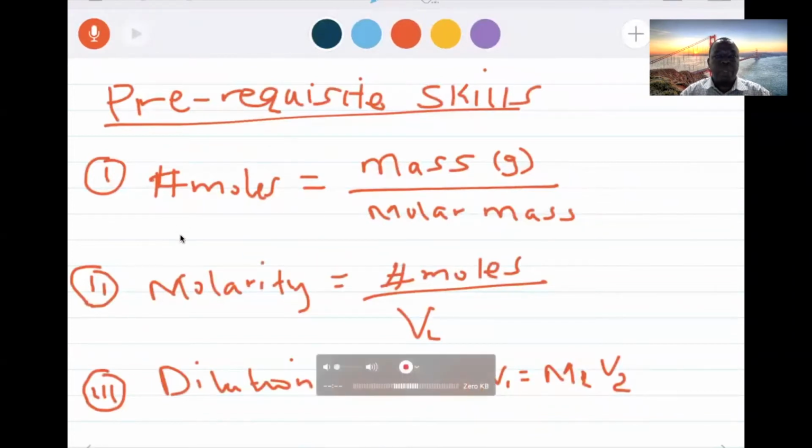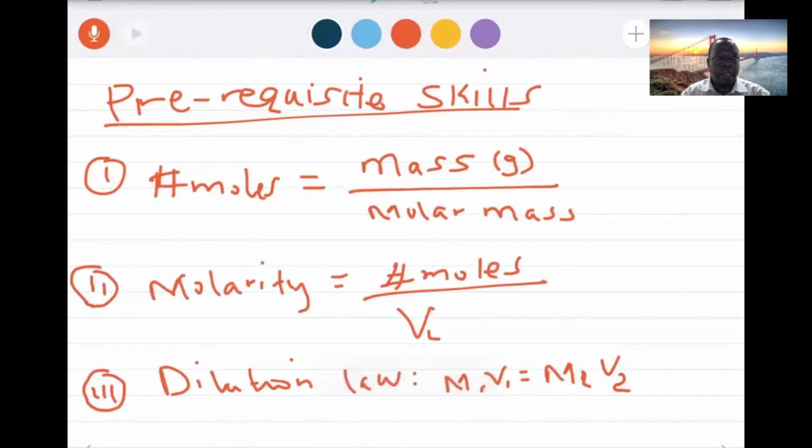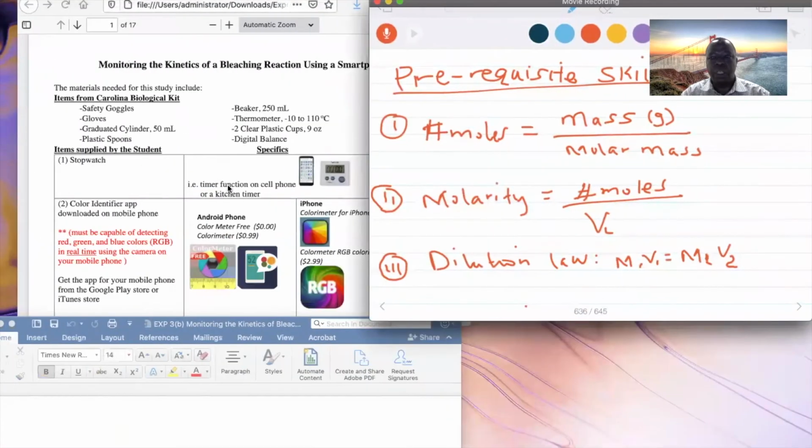You should be able to determine the number of moles given the mass of a reagent, mass over molar mass. And of course, molarity, number of moles over volume in liters of a solution. And then the third prerequisite skill is the dilution law, which is M1V1 = M2V2.